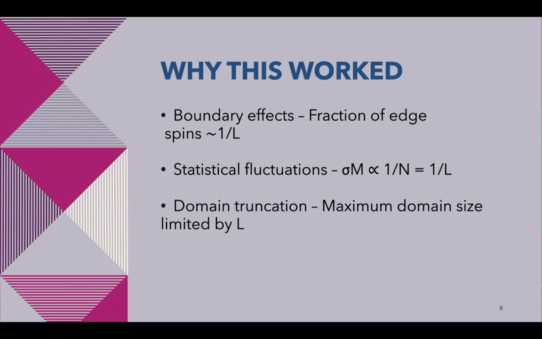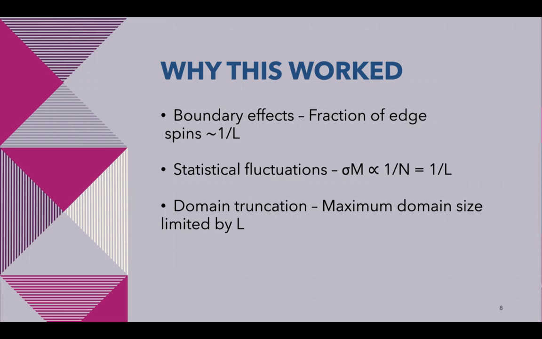So why did this work? The linear scaling comes from 3 physical effects, which are proportional to 1 over L. Firstly, the boundary effects. That just means that even with the periodic boundary, a fraction of the spins feel the finite volume still, and that fraction scales like 1 over L. Second, statistical fluctuations, where the uncertainty in average magnetization decreases like 1 over root L, which is 1 over L in 2D.